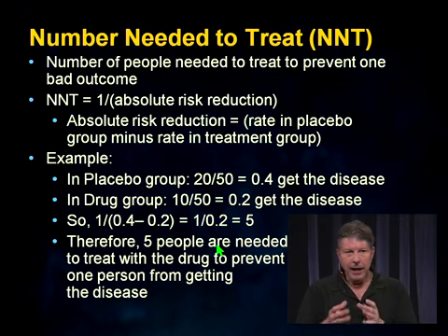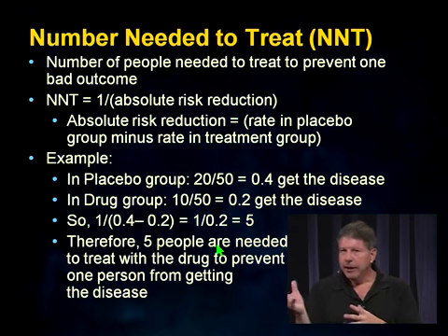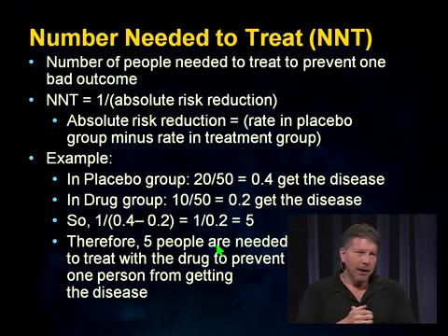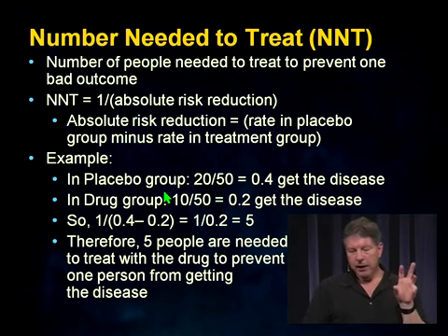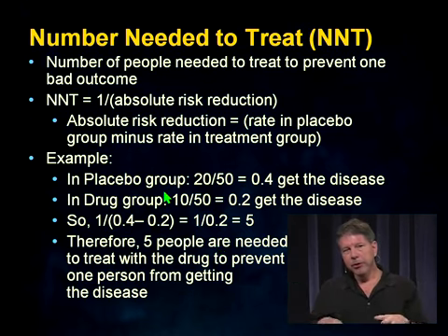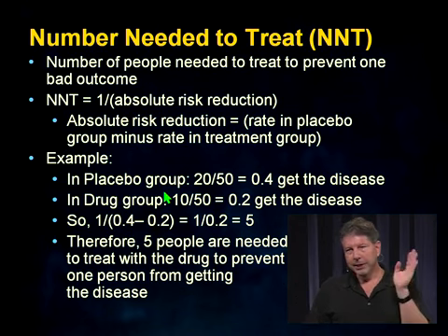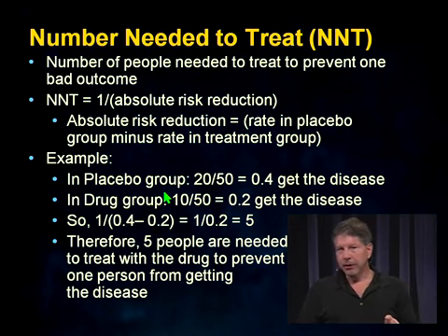Okay. So let's say I invent this drug that prevents, let me think of something, ADD in kids. Okay. Let's say I invent this drug, and I think it may prevent ADD in kids. Okay. So what I'm going to do is I'm going to run a study where I have a placebo group and I have a treatment group.